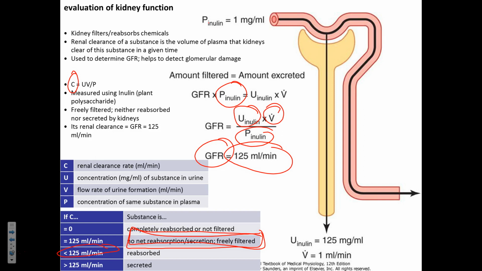No pun intended. There are situations for some drugs, like penicillin for instance, when renal clearance is higher than GFR. It means that the compound is not only filtered, it is secreted on top of it. Does that make sense?